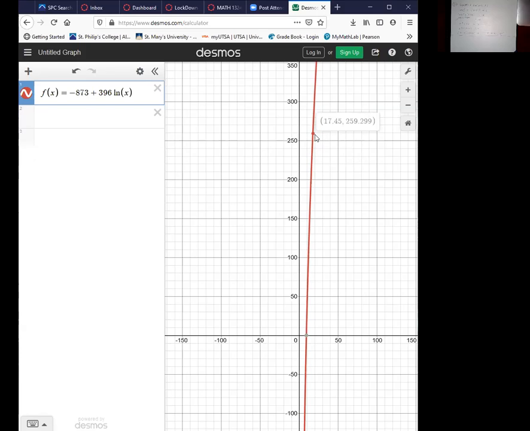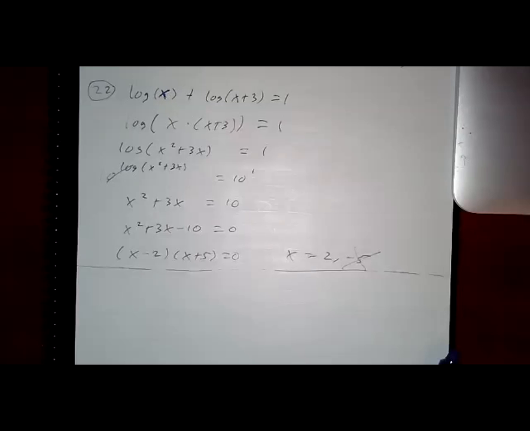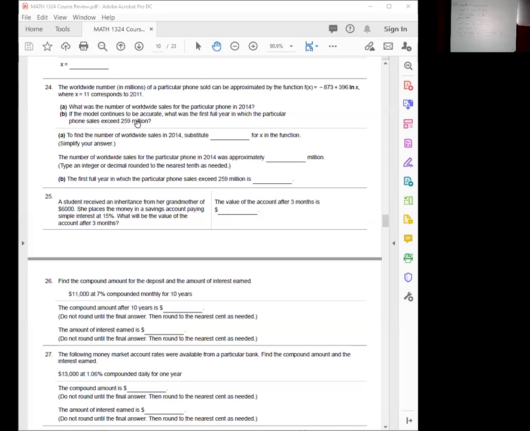That happens about 2000, after 2017, it finally hits. Yeah, so back to the question. When did it exceed? I would say 2017.